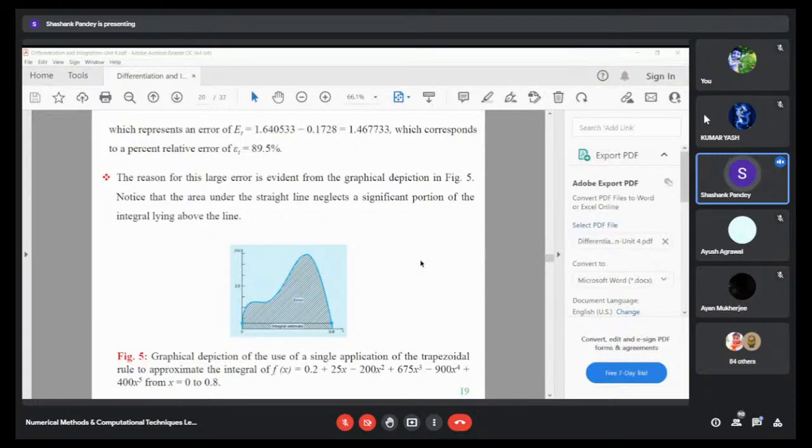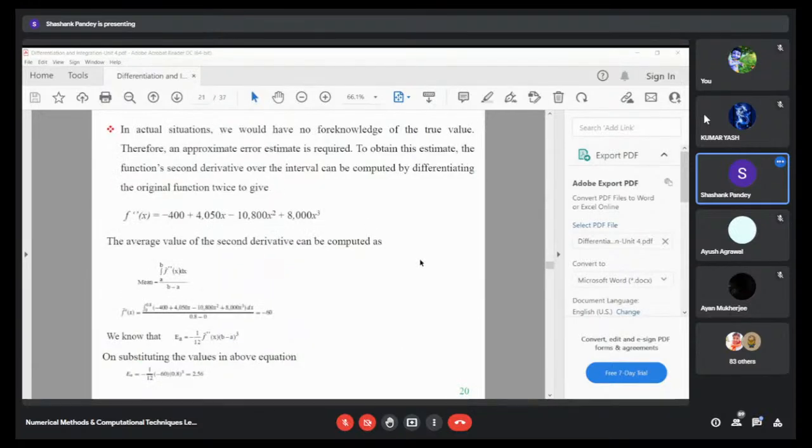In terms of error, it is 89.5%. The reason for this error is evident from the graphical depiction in figure 5. Notice that the area under the straight line neglects a significant portion of the integral above the line. So figure 5 is a graphical depiction of the single application of the trapezoidal rule to approximate the integral of f of x.